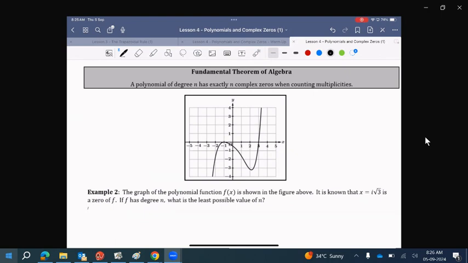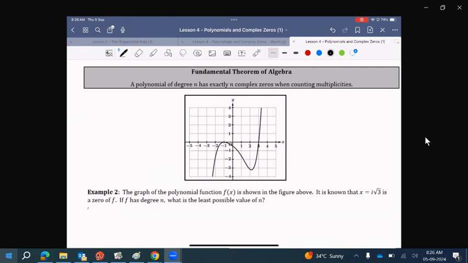When it comes to complex zeros, it will have exactly n, because the roots could be complex or they could be purely real. Real zeros are considered complex zeros, but complex zeros don't have to be real. They can include an imaginary component.